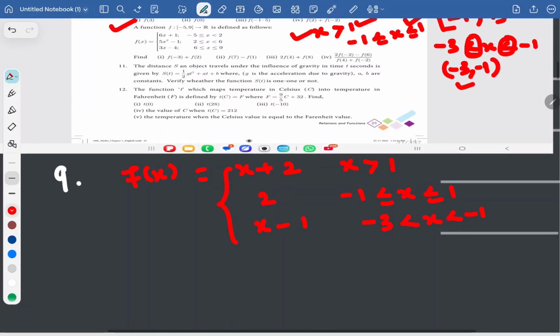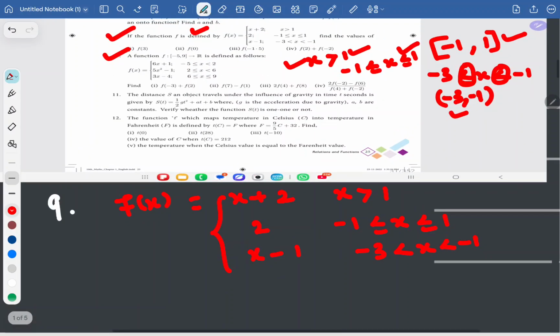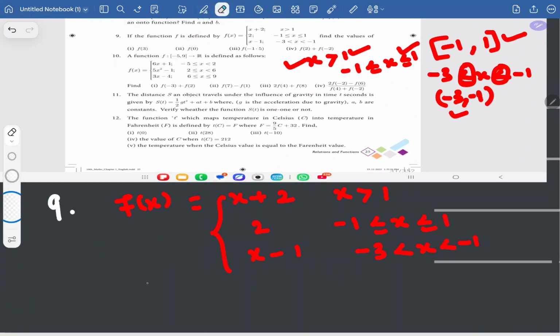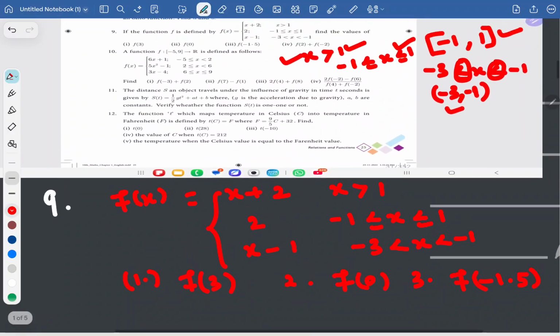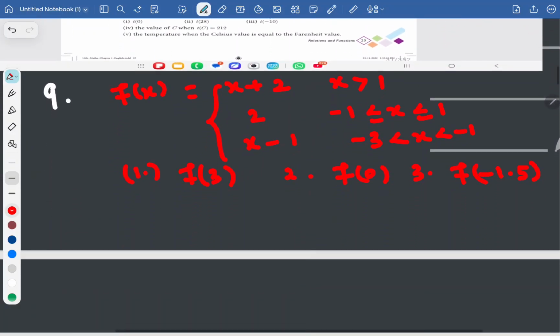We have to find, first subdivision f of 3, second subdivision f of 0, third subdivision f of minus 1.5, fourth subdivision f of 2 plus f of minus 2.